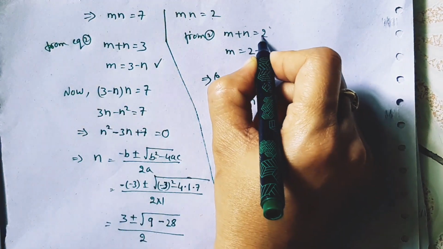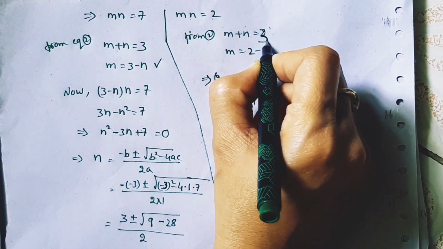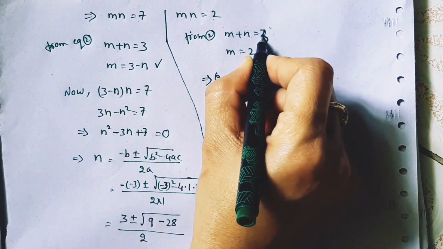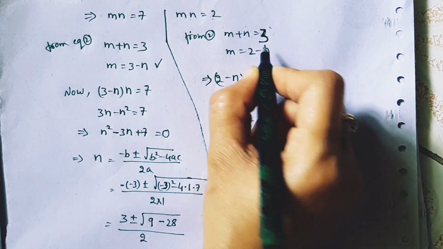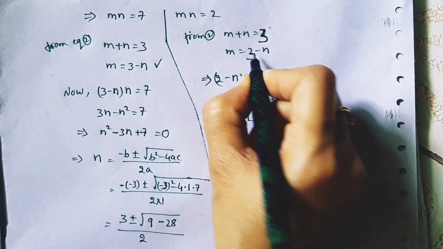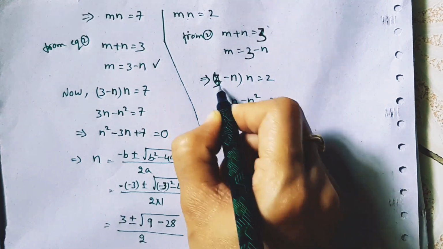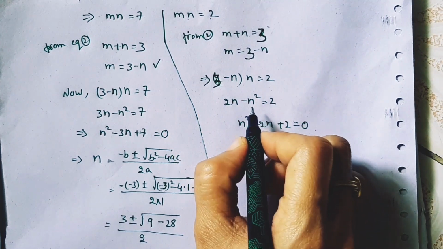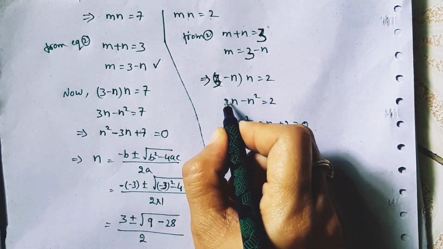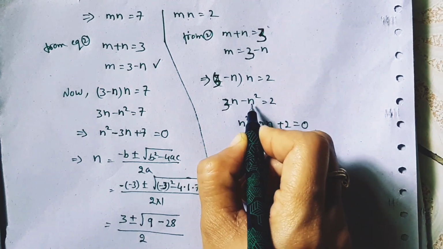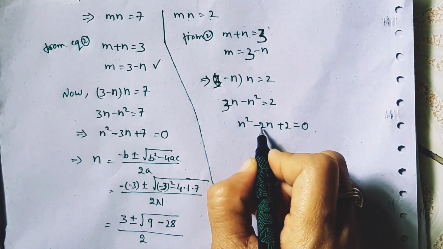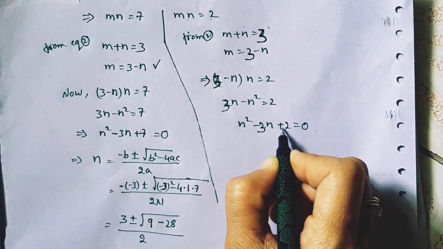Sorry, m plus n is 3. Sorry for the mistake. m plus n is 3, then m equals 3 minus n. Substituting, (3 minus n) times n equals 2, so 3n minus n square equals 2, and n square minus 3n plus 2 equals 0.